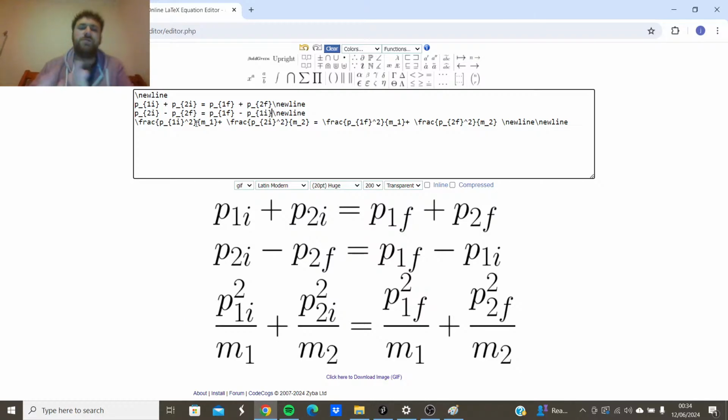So this is a simple rearrangement. We're just moving 2F from the right side to the left side and 1I from the left side to the right side.